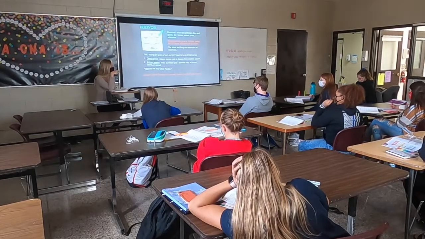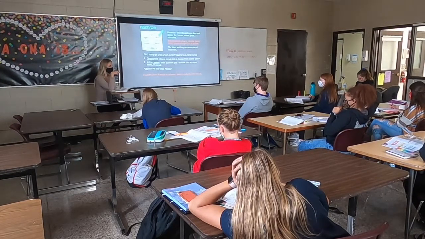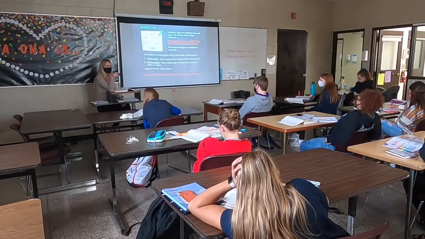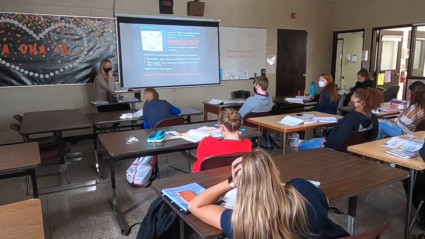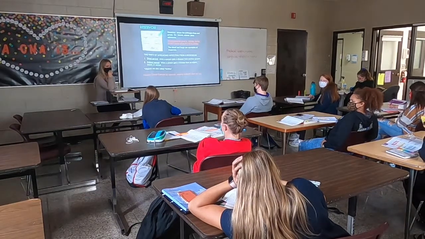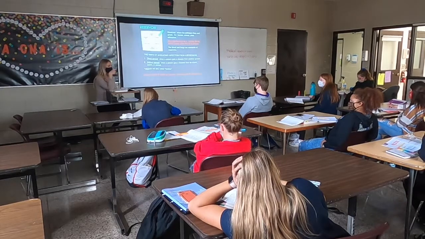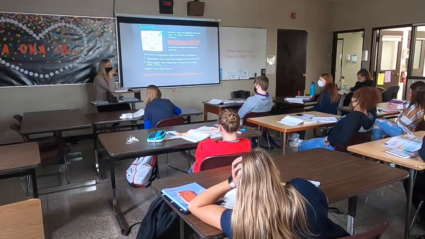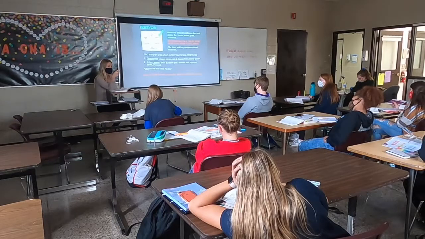Salmonella. You get it from food. Botulism, what's that from? Food, yeah, it's from canned food. West Nile, or any of those diseases you can get from an insect. Mosquito.